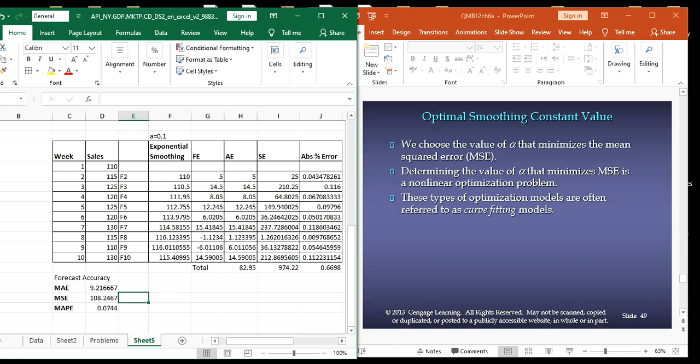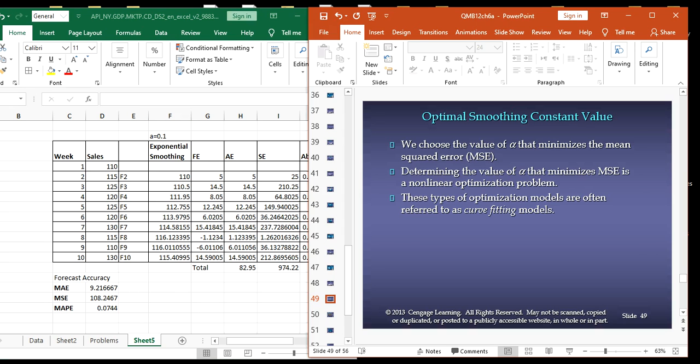Now, the optimal smoothing constant value is the one that we have to try.